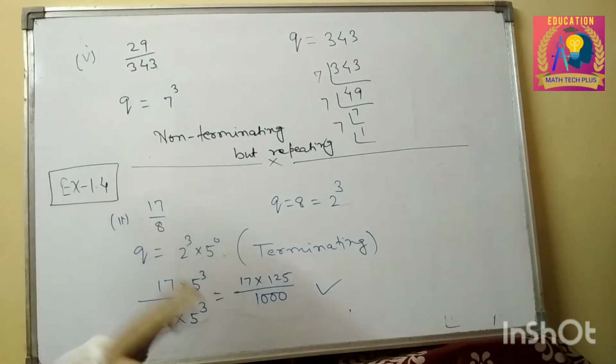Now the last question is, decide whether the following are rational or not. If they are rational, what can you say about the prime factors of Q?